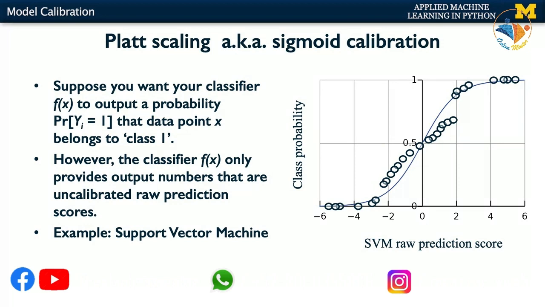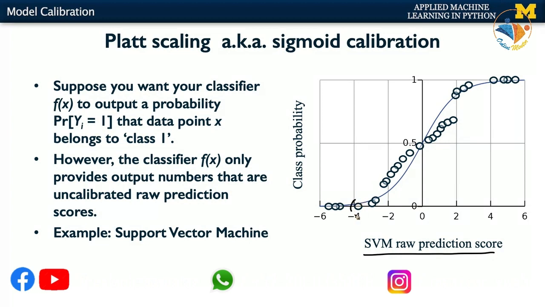And so what sigmoid calibration does is it fits a sigmoid curve to the points that are formed by combining the SVM raw prediction score and the empirical probability. So we can see in this example, in this chart, the x-axis shows the raw prediction score.